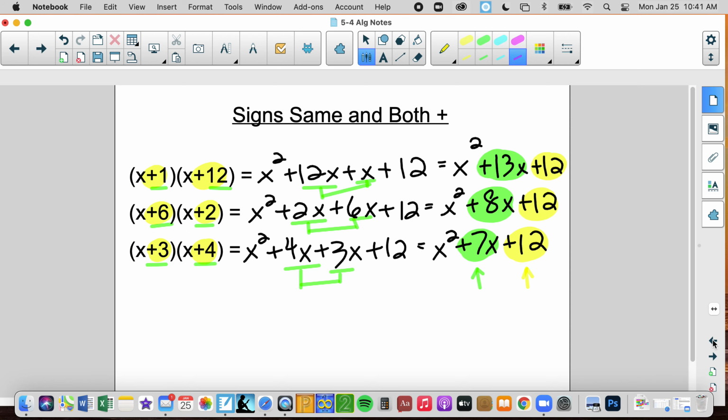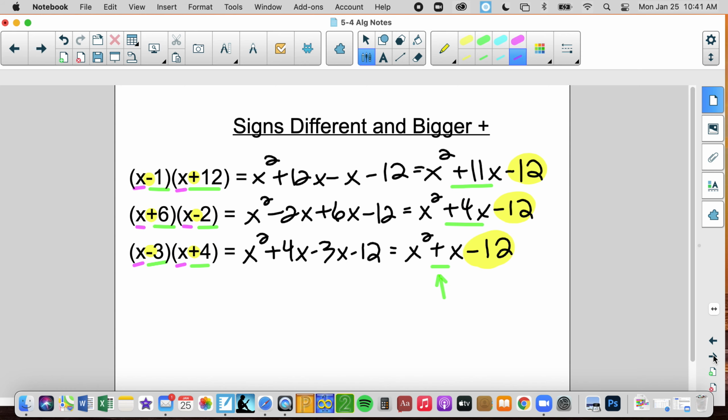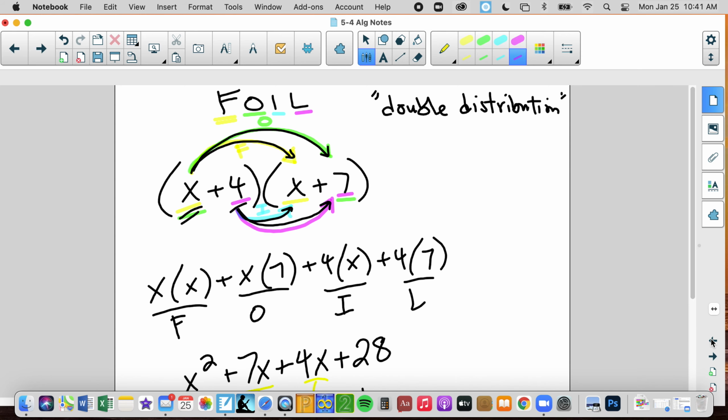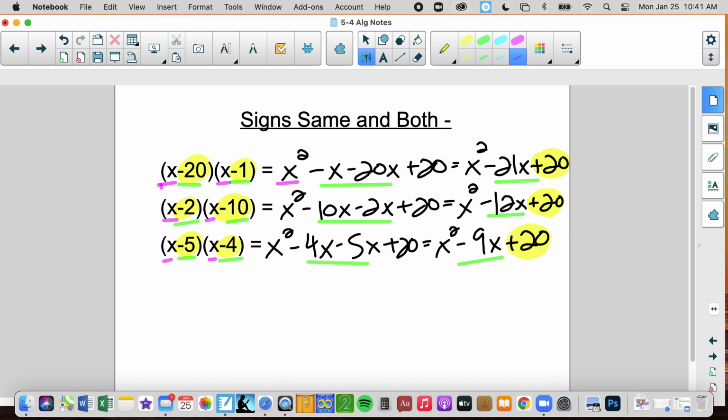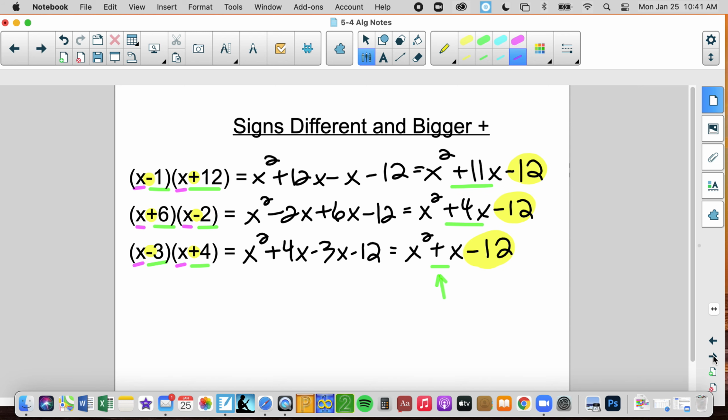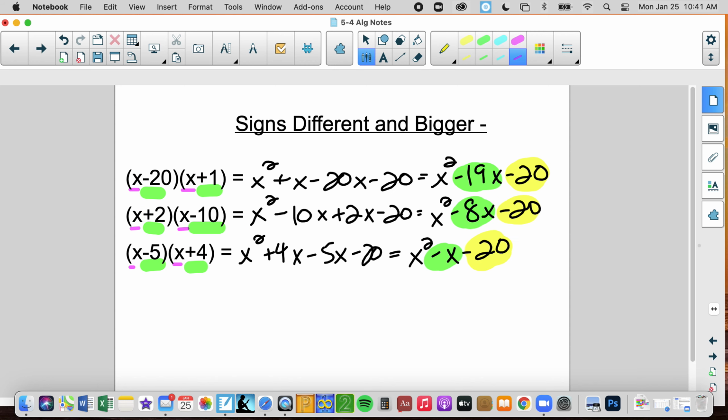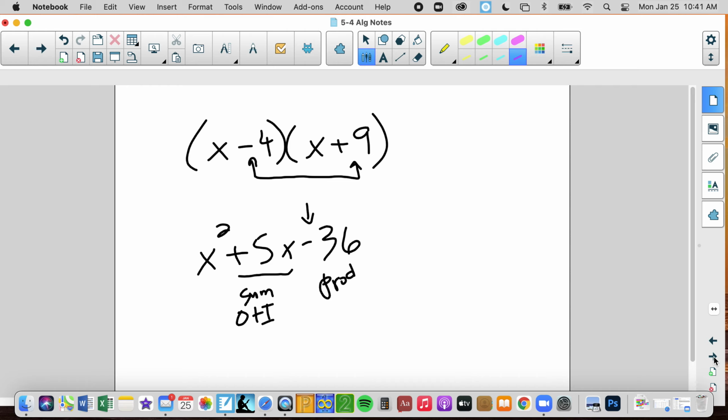It will not work, and this is a shortcut because we're doing mental math. So we have to notice all of these uniquenesses, these patterns. This pattern only works if my firsts are a variable with a coefficient of 1. So it always produces x squared, and we can use this shortcut in that manner.